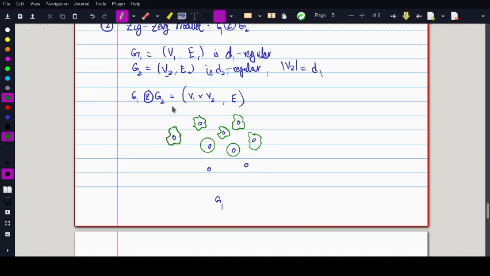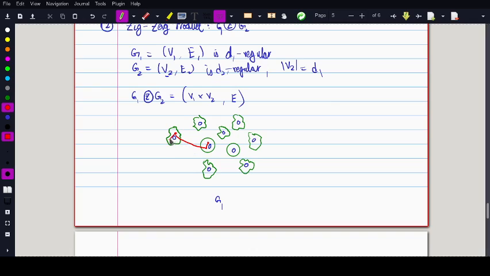Then you will get V1 times V2 vertices, and you create edges in a sort of zigzag fashion. You are over here, you take one small step within the cloud, then you take one large step across this cloud from here to here, and then from here to here, obeying a set of rules which I'll describe.